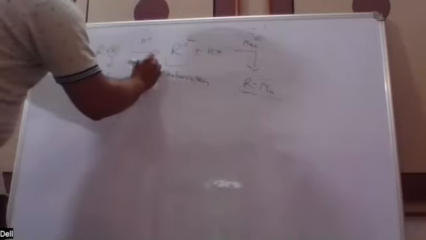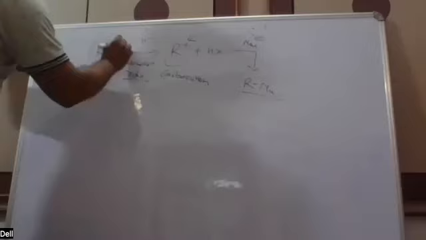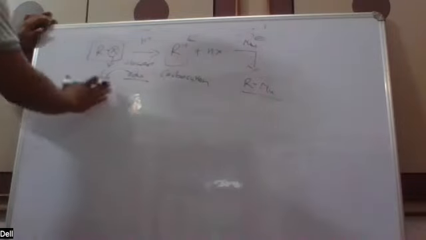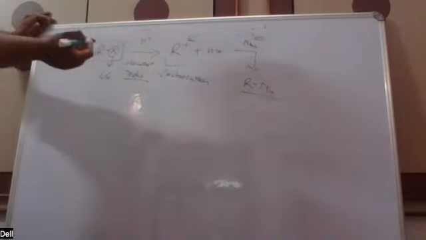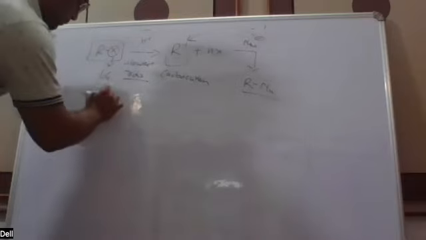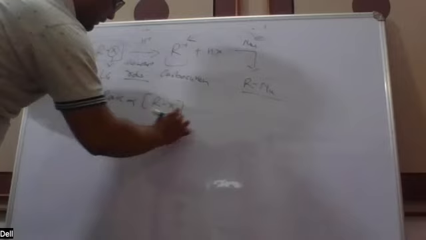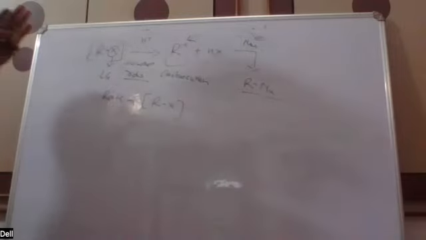This formation depends only on the presence of RX, the alkyl halide or any organic moiety with the leaving group. The rate is directly proportional to the concentration of RX. That's why this reaction is called nucleophilic substitution reaction of first order.